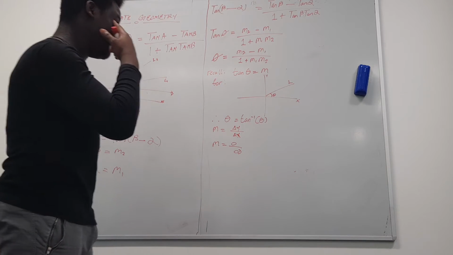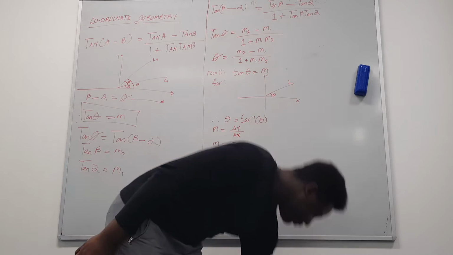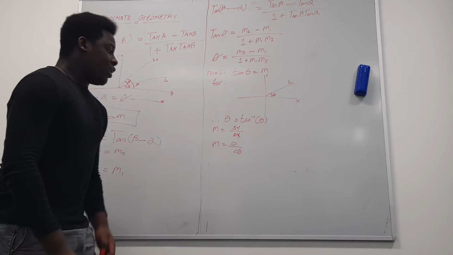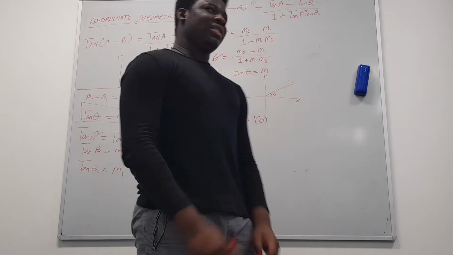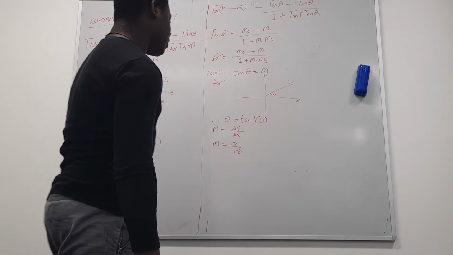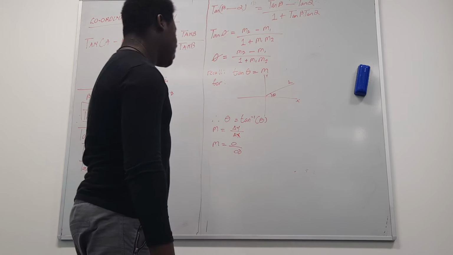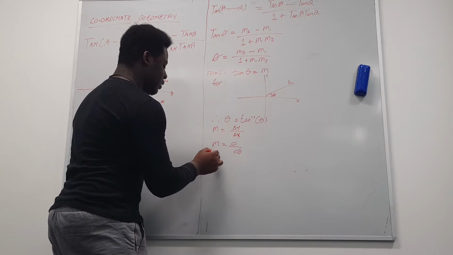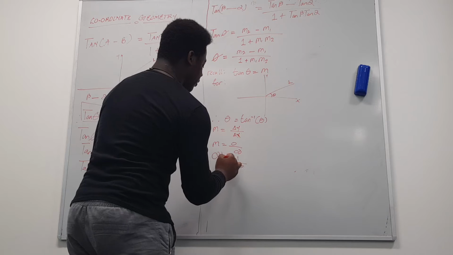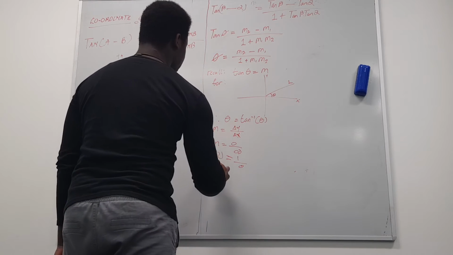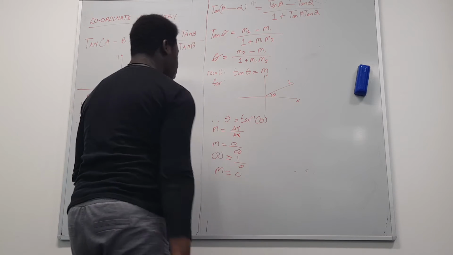It doesn't even make sense, because infinity is not a number, it's just an idea of something you can't ever reach. So let's just express infinity as 1 divided by 0, right? If I do that, you see that m equals 0, the slope is 0.